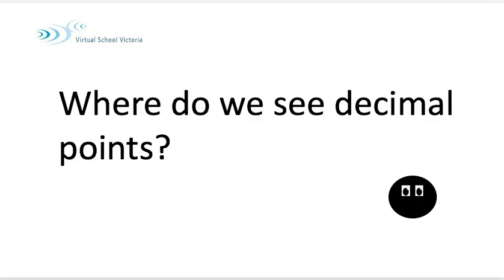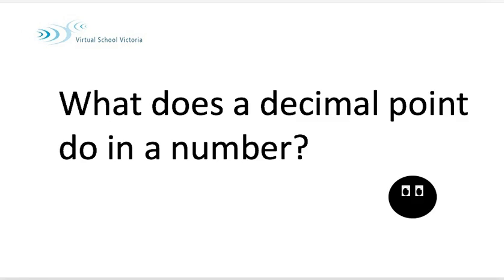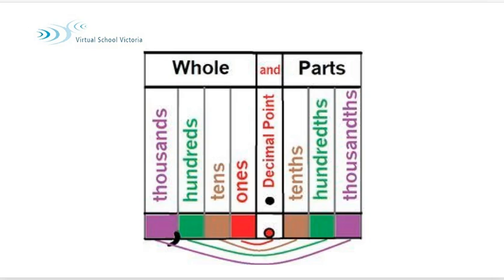It shows us that the fraction of tenths will follow the 3 all the way up to the 4. Decimal points we decided we see always between the ones column and the tenths column. And a decimal point lets us know that everything to the right of the decimal point is a fraction of either tenths, hundredths or thousandths.